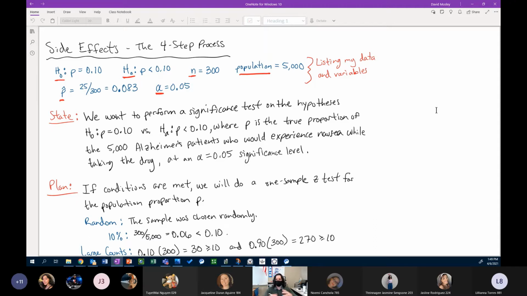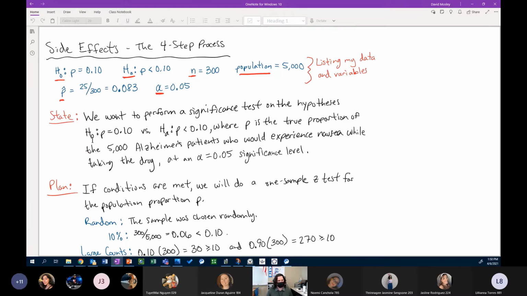So this is all the data that I can get from the context. These are the numbers and the variables that I'm going to use. That gets us to step 1, stating what we're going to do. We want to perform a significance test on the hypotheses H naught: p equals 0.1 versus the alternative hypothesis H sub A: p is less than 0.1, where p is the true proportion of the 5,000 Alzheimer's patients who would experience nausea while taking the drug, at an alpha equaling 0.05 significance level.